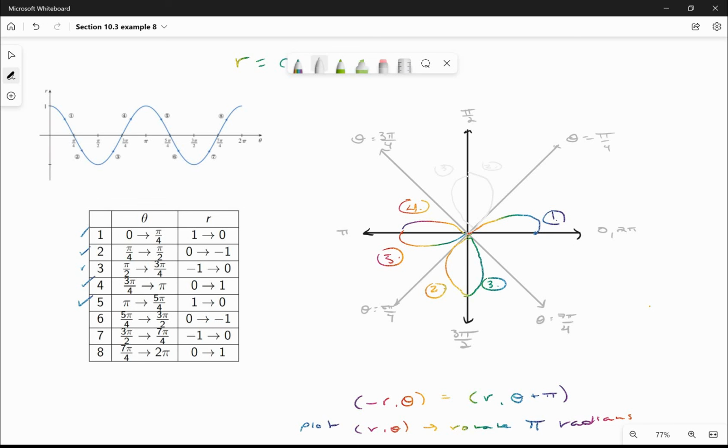So that actually corresponds to something that's already written on here. We're in this little section here from 5 pi over 4 to 3 pi over 2, and r going from 0 to 1 would just be the same exact part that we have drawn for 2. So that would be our 6, right?